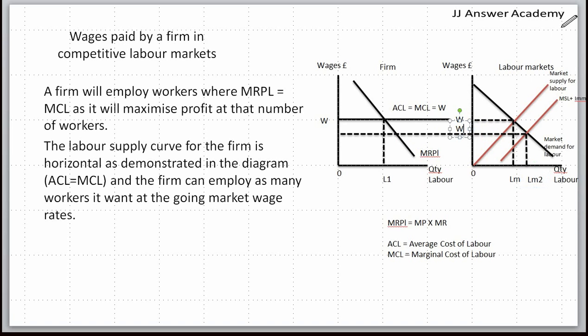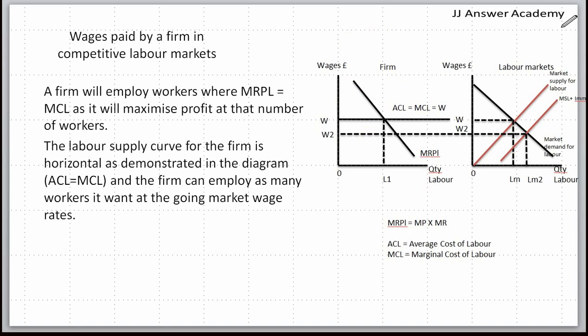Let me label that as wage 2. And the wages paid by the firm have fallen from W to W2, and that is why people are not happy with immigration.